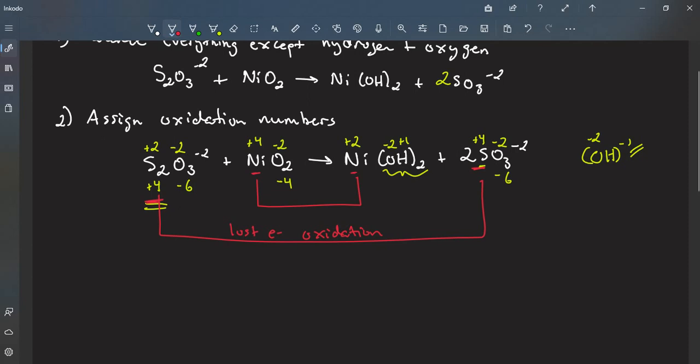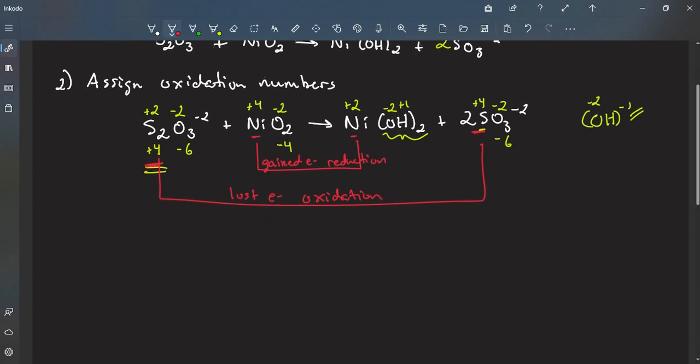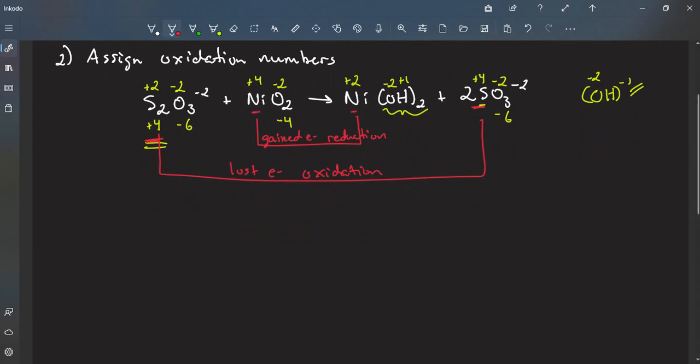It has become less positive, which means it has gained electrons. And if it's gained electrons, it's undergone a reduction reaction. Now you have to have both of these in a redox reaction, an oxidation reaction and a reduction reaction. So it's good that we have that. We know that this will continue to work.